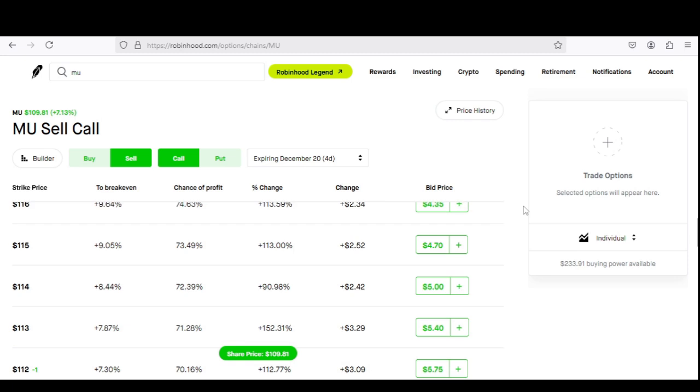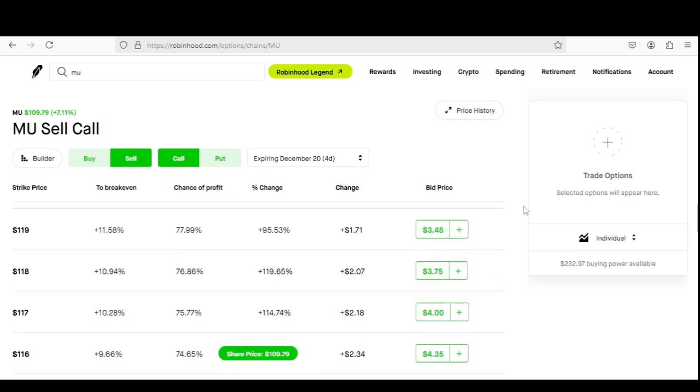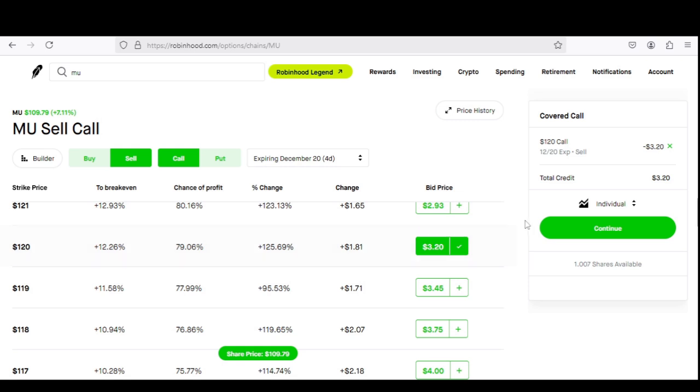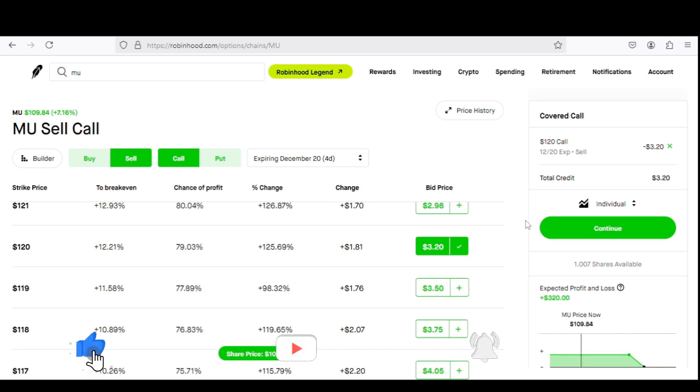In this instance, I'm going to go above the current share price, and I'm going to be going with the $120 strike price. And for that, I'm going to be paid $3.20 or $320. Now, $320 plus your $200. So now you're roughly at $500 in gains only.